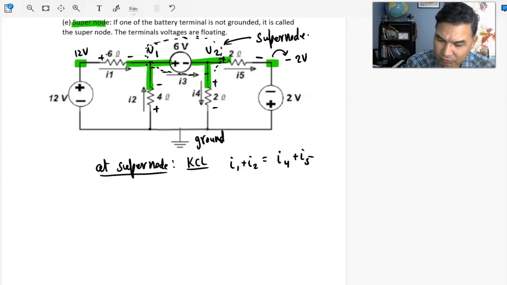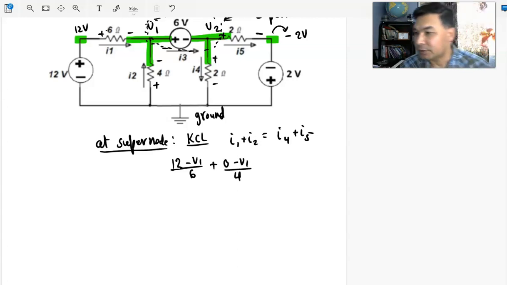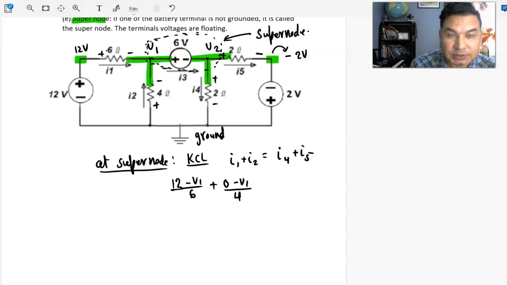At this whole supernode, you can say I1 plus I2 is coming in, I4 and I5 are going out. So what is I1? I1 is 12 minus V1 divided by 6 ohm, plus what is I2? I2 is 0 minus V1 divided by 4 ohm, because based on the direction of the current, this is 0 volt and this is V1.